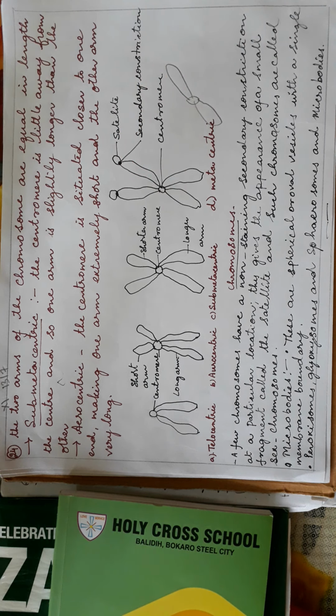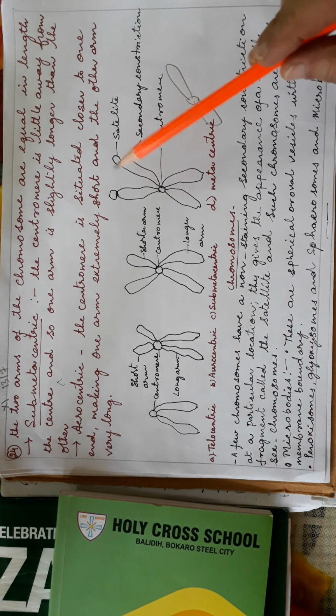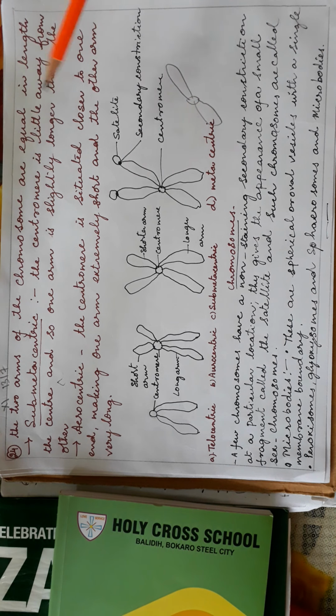The non-staining part of the chromosome is called the satellite, and chromosomes containing a satellite are called satellite chromosomes.